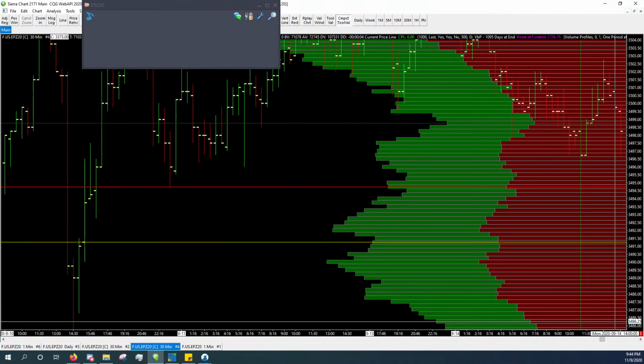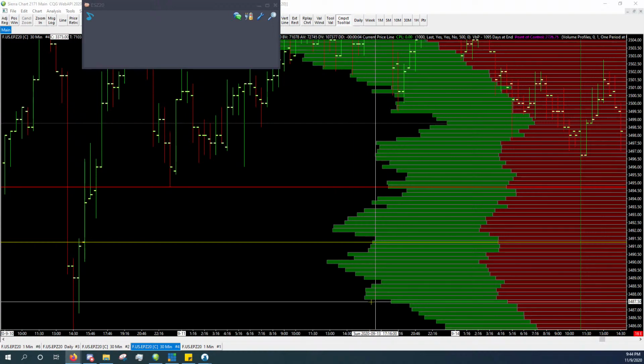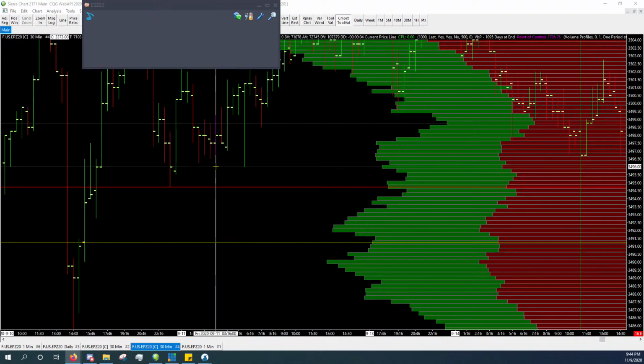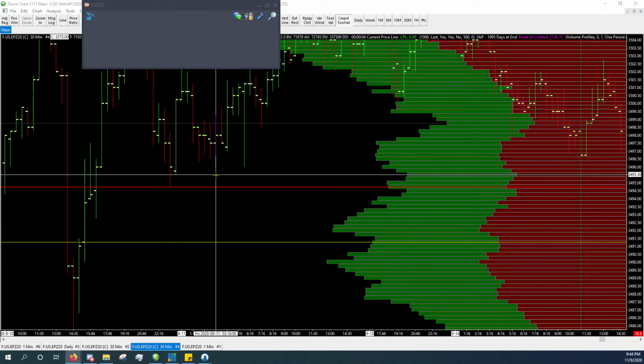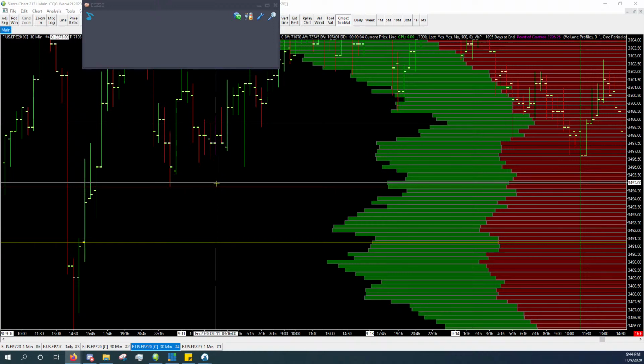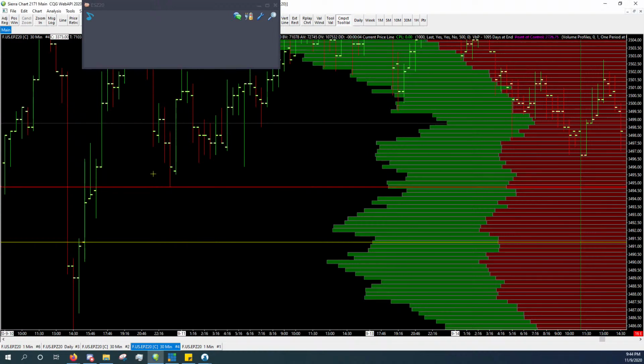So it's getting trapped right at like 95 even. So this is when the bottom tick, the very bottom tick's put in.